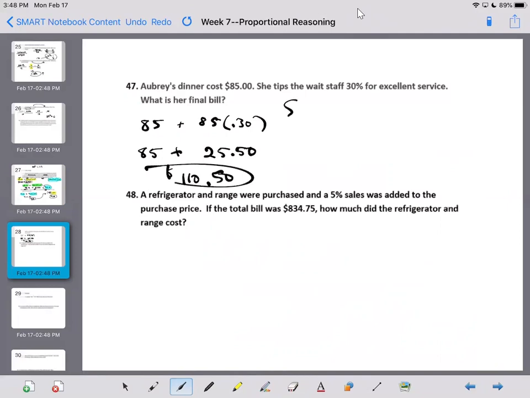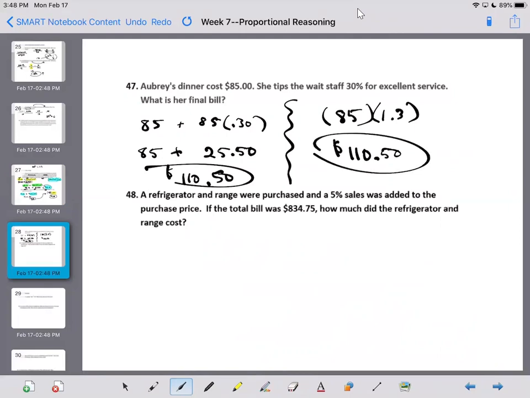Now, if you look at the other way, you know you're going to pay $85. That's 100%. You know you're going to pay that, and in addition 30%. So you're really paying 130%, which is 1 3/10. So if I take 85 and multiply it by 1 3/10, I'm going to get $110.50. You're going to get the same answer.